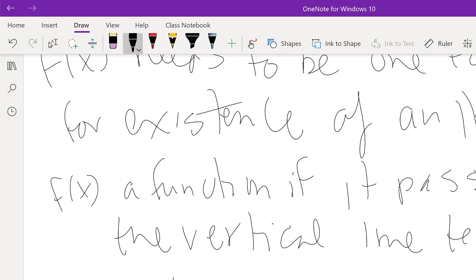So for example here, if we had something like this, every vertical line hits it at most one point on the graph. And if you had something like this, we could see that it fails the vertical line test.